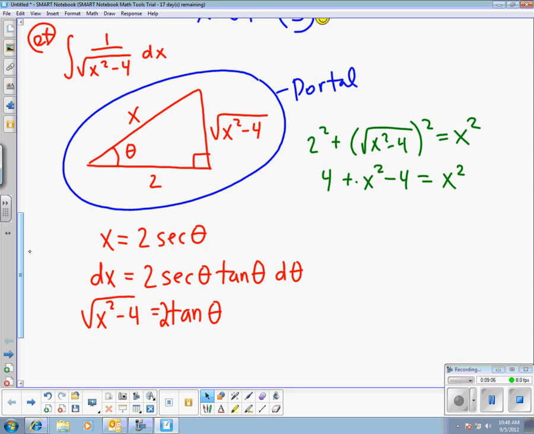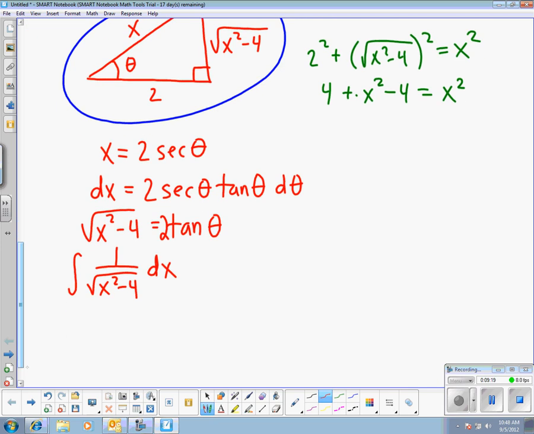All right, so my original integral was the integral of 1 over this particular square root dx. So I've now got the ability to swap some of these things out. I'm going to take this square root of x squared minus 4, which I know is equal to 2 tan theta, and I'm going to take my dx, which I know is equal to 2 secant theta tangent theta d theta.